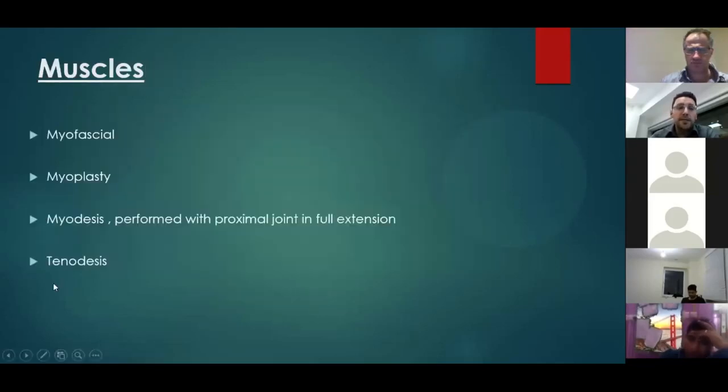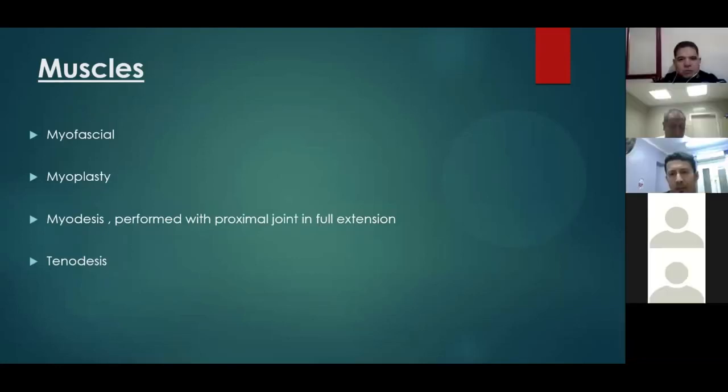In terms of the muscles, there are a few options. One option is called myofascial closure. When you cut the muscle, you close the fascia of the muscle or you stitch it to surrounding tissue. It doesn't add stability to the stump, but this is something to think about. The second option is myoplasty, when you stitch one group of muscle to another group.